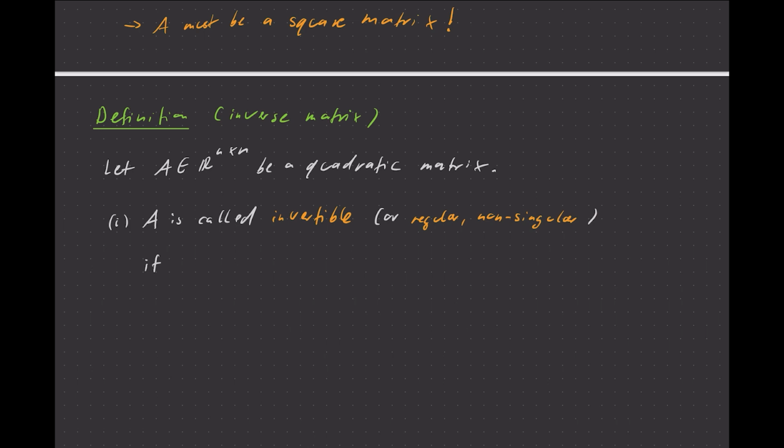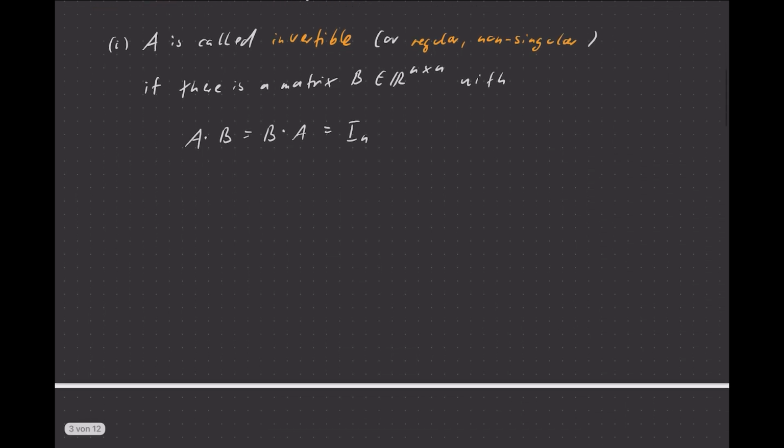And a matrix is called invertible if there is an inverse, that is a B that satisfies the equations above. So if there is a matrix B that is then also in R to the n by n, and that satisfies A times B equals B times A equals I_n. And if such an inverse exists, then we will denote it by A to the minus 1.